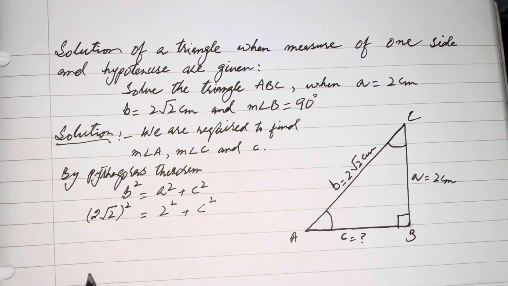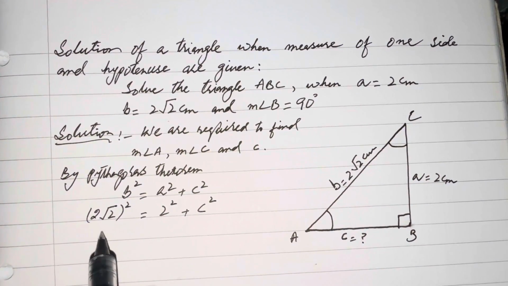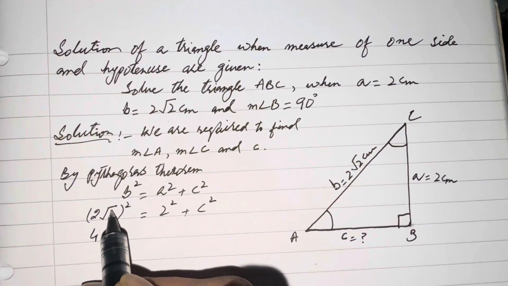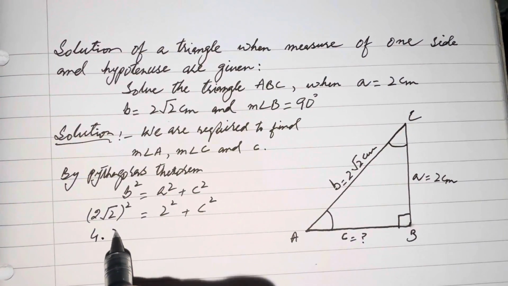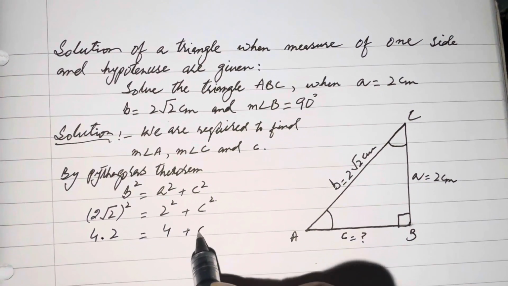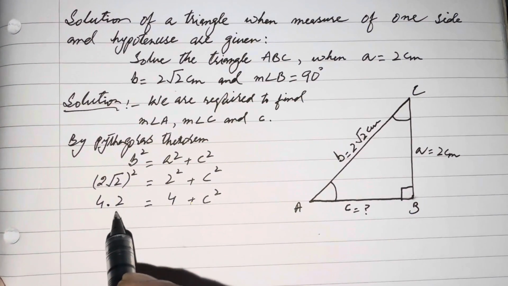So by taking the square of this value, that will be equal to 2 2s are 4, into under root 2 will be cancelled with this square, so 2, is equals to 2 2s are 4 plus c square. So now 4 2s are 8.